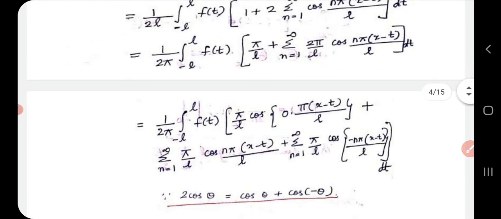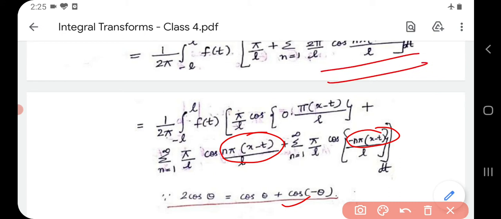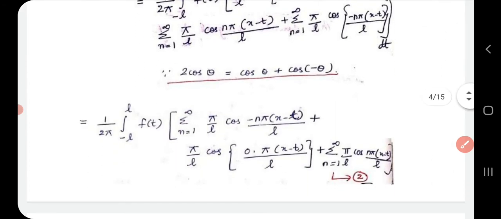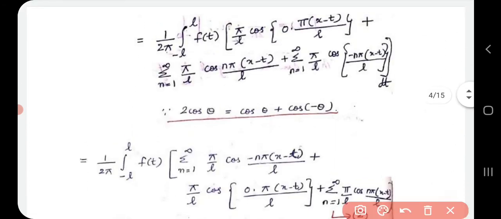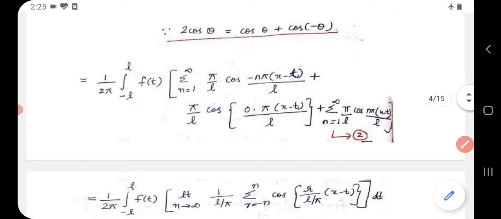In that form they have written. Here your theta is this. So cos theta plus cos of minus theta. They are splitting this term in the form of 2 cos theta as cos theta plus cos of minus theta. Then they are just rearranging the terms. There is nothing more, nothing is added.